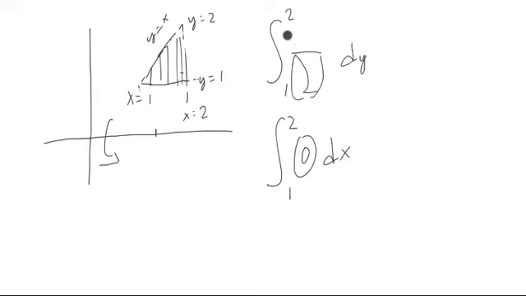So let's take a look at the washer option. At a particular value of x, what's happening? We have a washer with an inner radius of 1, and the outer radius is 1 plus... it's just the x value because y is equal to x.